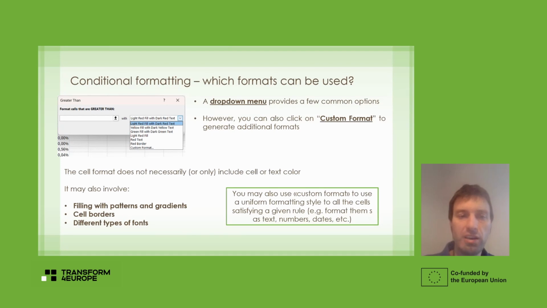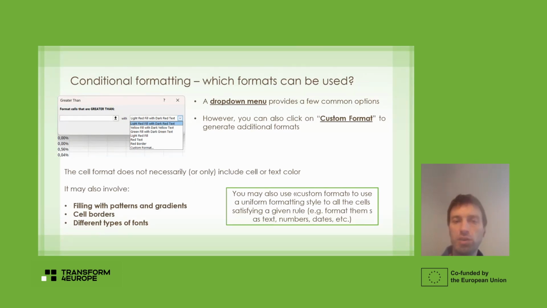So, for example, I can highlight all the cells that satisfy that particular condition with light red fill with dark red text, or with yellow fill with the dark yellow text, and so on. Or, I can say I don't want to add any fill. I can highlight the border, or I can highlight just the text with a given color. In any case, I can also click on custom format, and custom format will allow me to do something more fancy. You can, for example, fill a given cell also with patterns or gradients, so not with just a solid color.